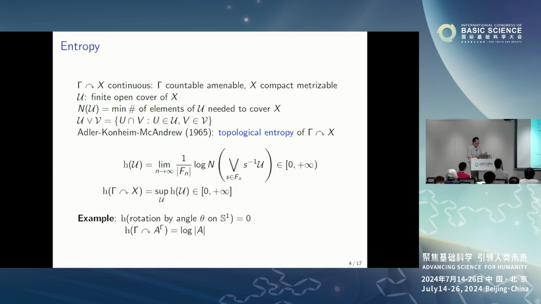Then automatically it induces an action on the product space, the so-called Bernoulli shift. For this one, one calculates that the entropy is always just the logarithm of the size of A. A is any finite non-empty set. Take any one.